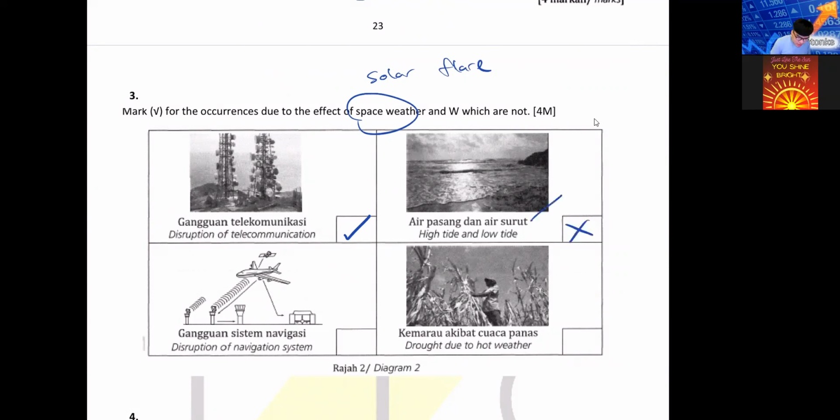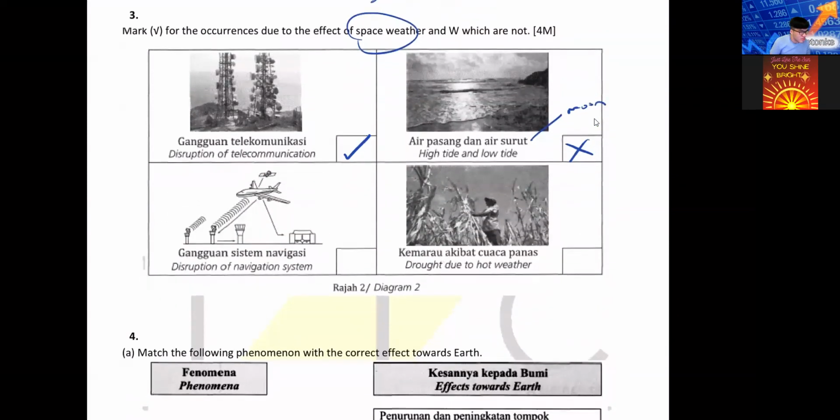No. High tide, low tide is because of the moon. Okay, because the moon has gravity. At night when we are facing it, the water will go up, high tide, air pasang. And when you are not facing, there's no moon pulling on us. In the morning, the tide will go down, low tide, air surut. Okay, so next, disrupt your GPS. Yes. Drought. Yes. Okay, because they're hot.